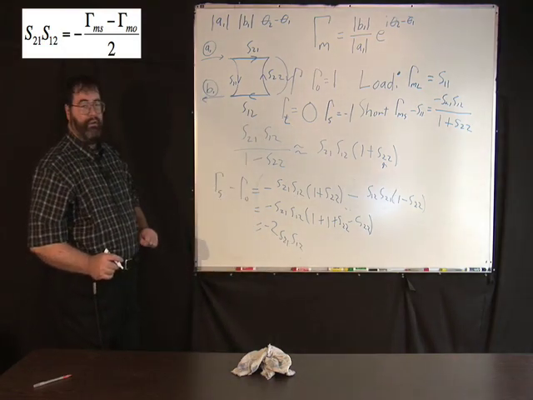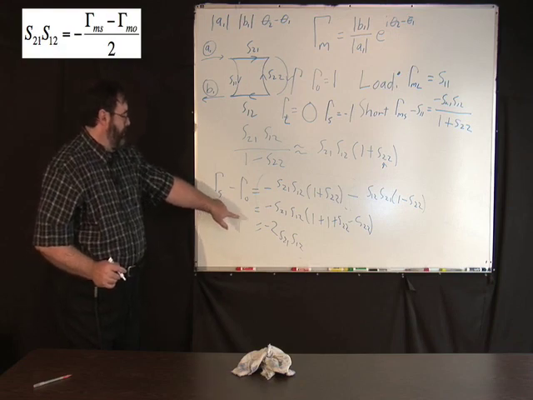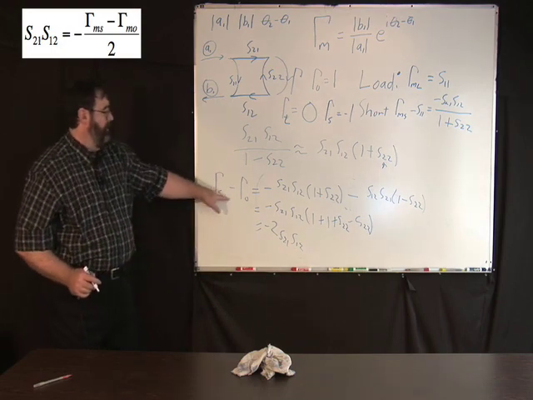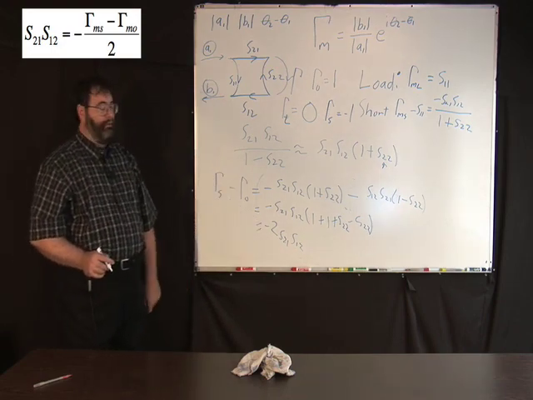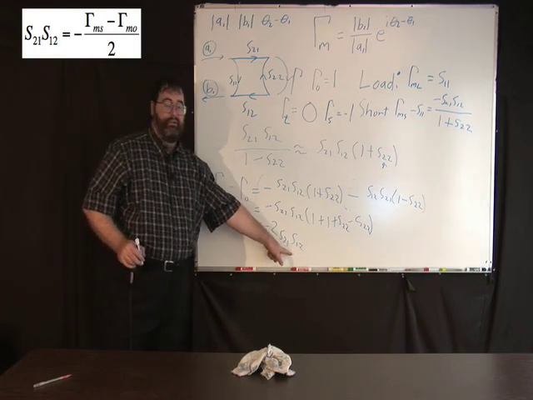Okay, well now that helps a lot. So you can get this combination, which always appears in here, by taking this difference and dividing by -2. So that gives you S21 S12.